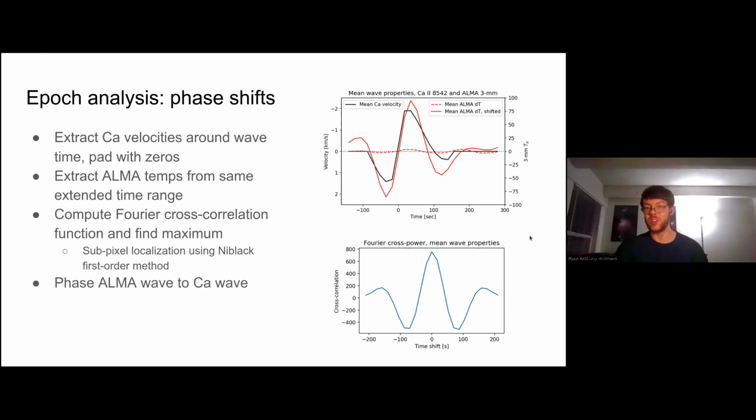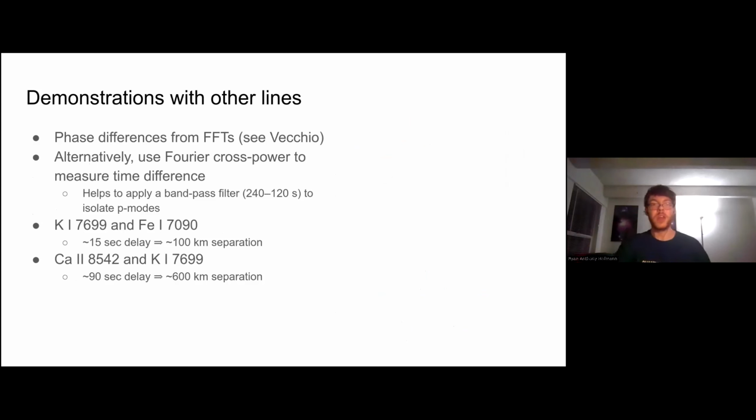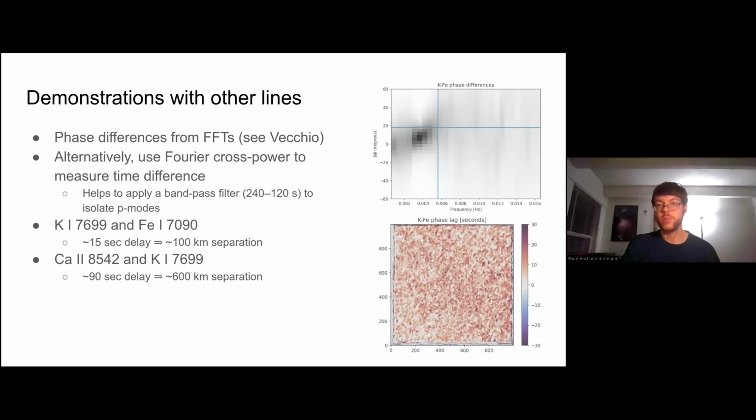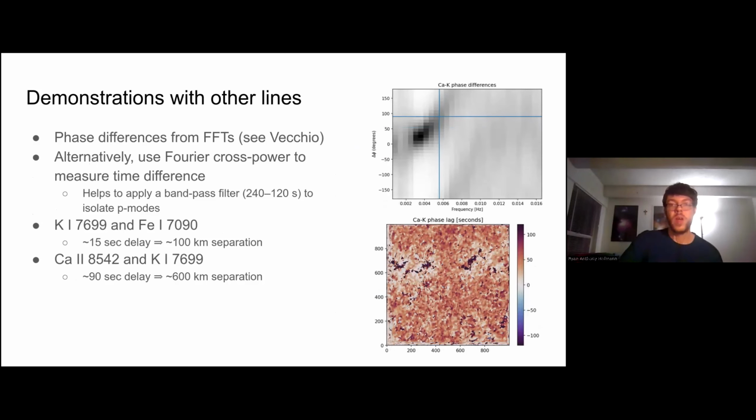And this is just illustrating the basic methodology behind that, using Fourier cross correlation to get the phase shift. And this is just a demonstration showing that this method works using 2 spectral lines.